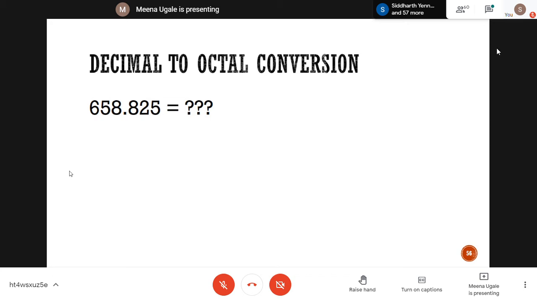For 658 use the divide by 8 method. For 0.825 use the multiply by 8 method. Once done, you type your answer in the chat box.